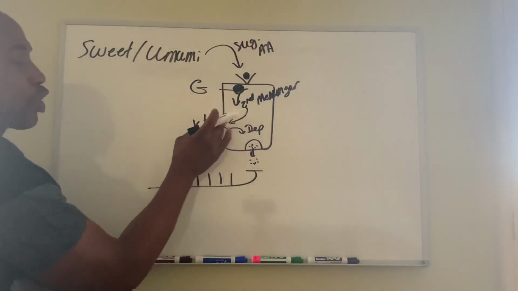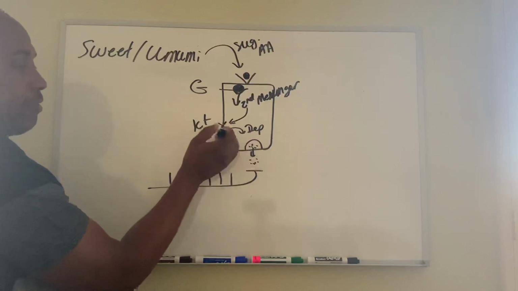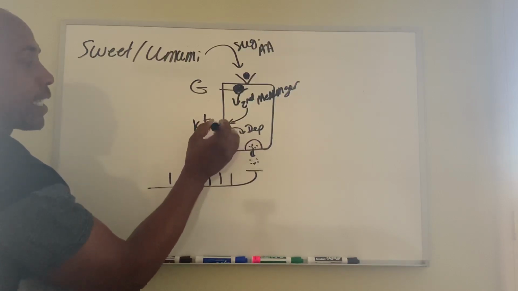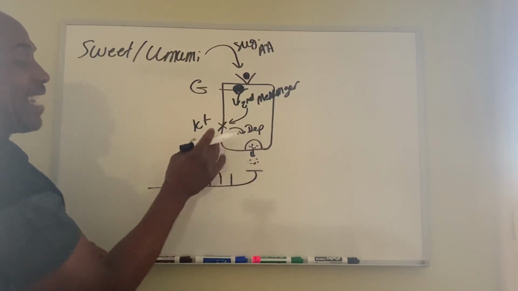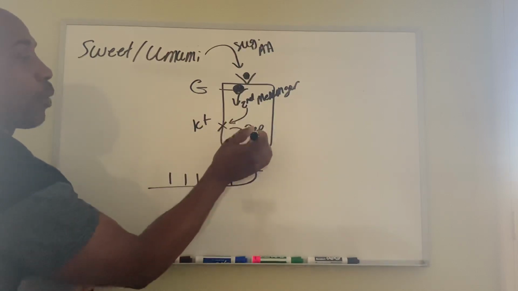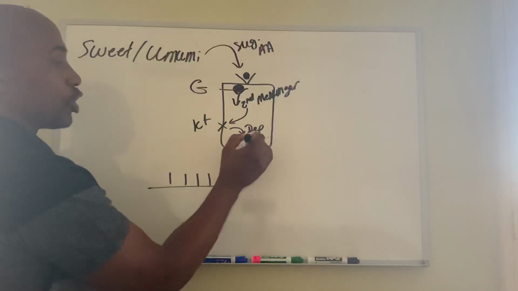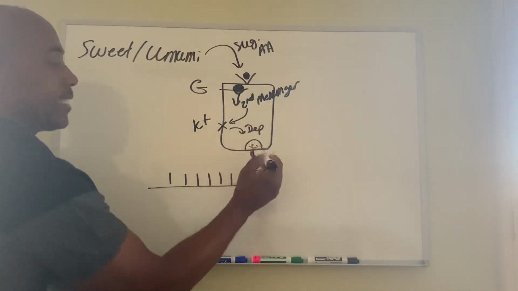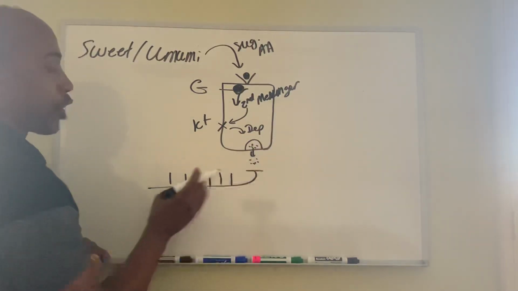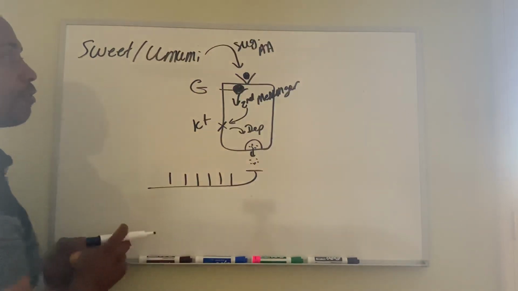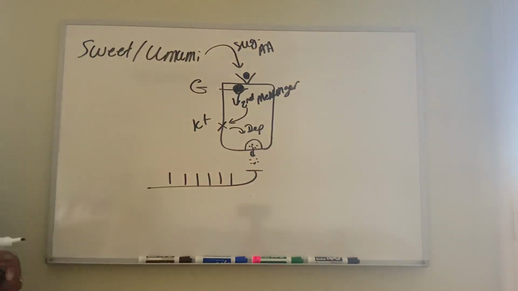Usually, if the gates are open, your K+ can leave. By blocking the gates, the K+ can't leave, and it will instead accumulate in the cell to depolarize it. That depolarization in turn will cause you to release NTs, which will then trigger an action potential in the taste nerve. So that is your sweet and umami.